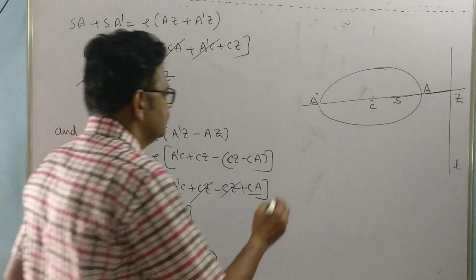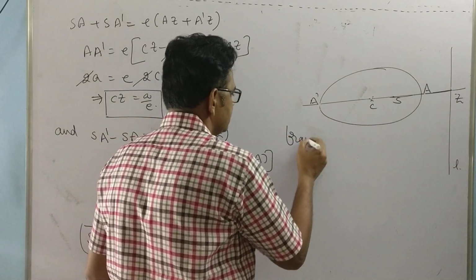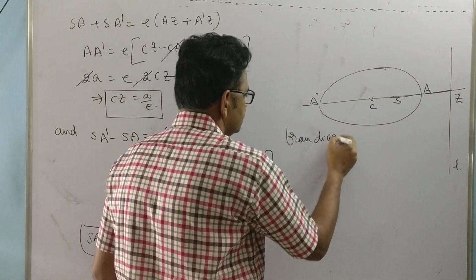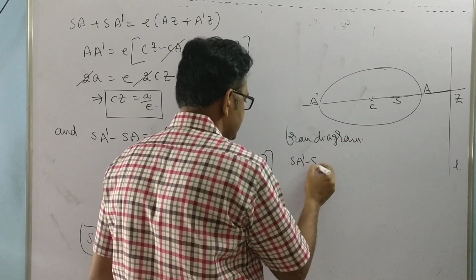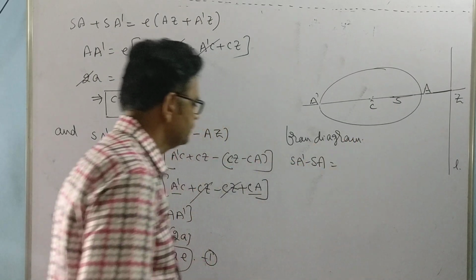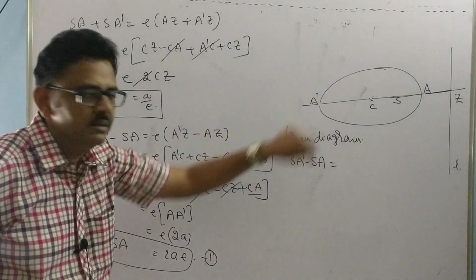And again, from the figure, from the diagram, SA dash minus SA is equal to, see directly this figure.